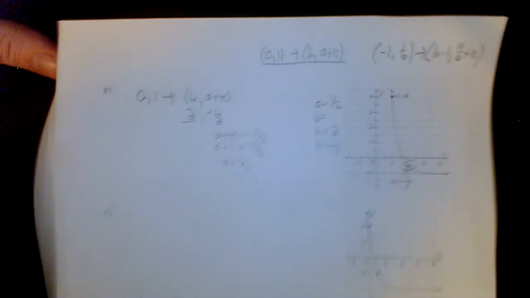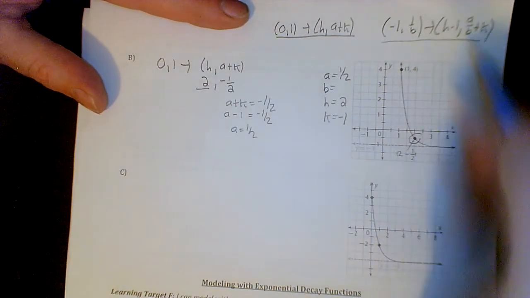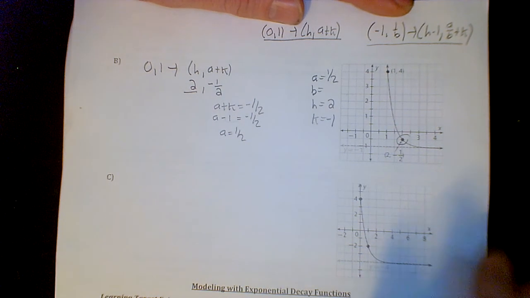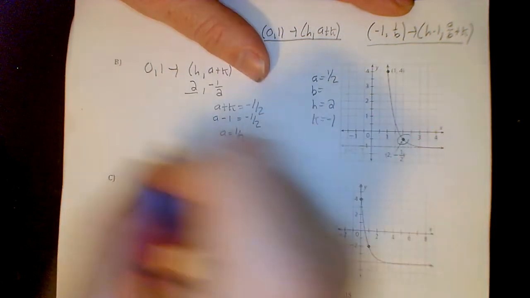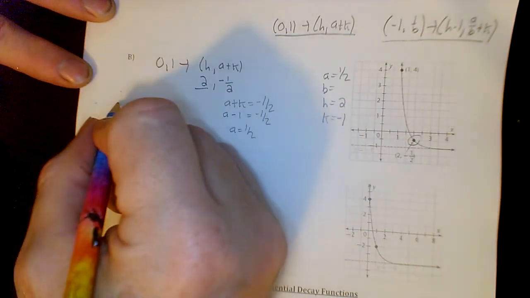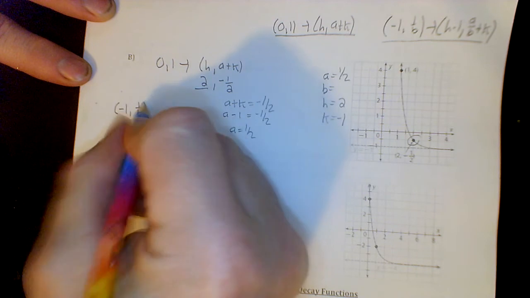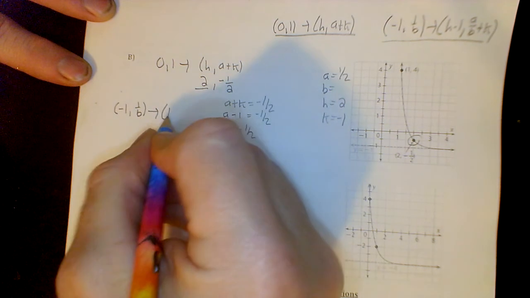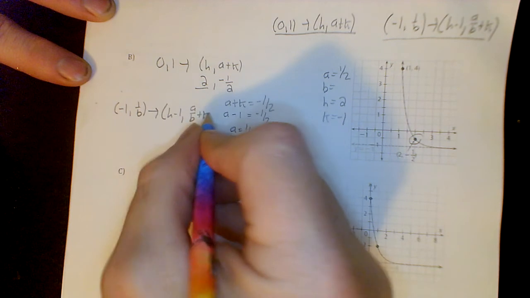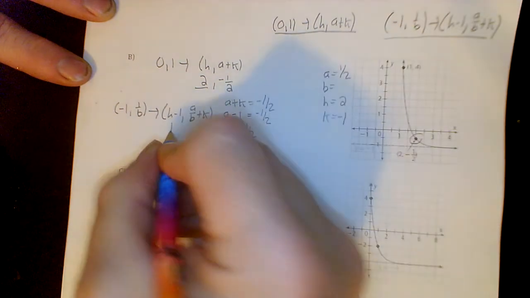Alright, so moving through, now we can use the second point over here to figure out b. Let's write it. We have (negative 1, 1 over b) that has changed to (H minus 1, A over b plus K). And we see that the second point they give us looks to be (1, 4).